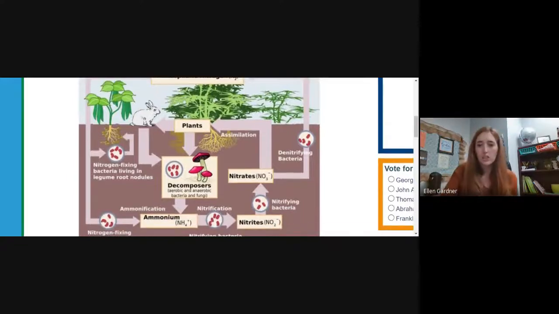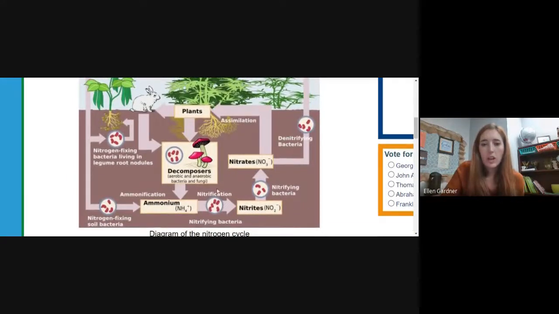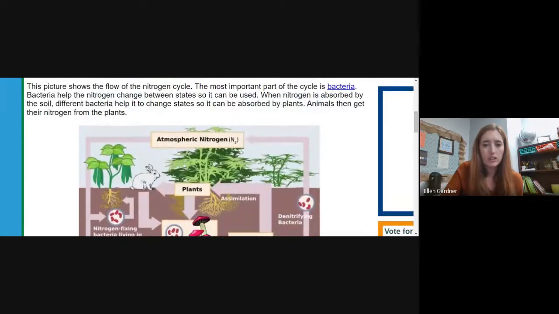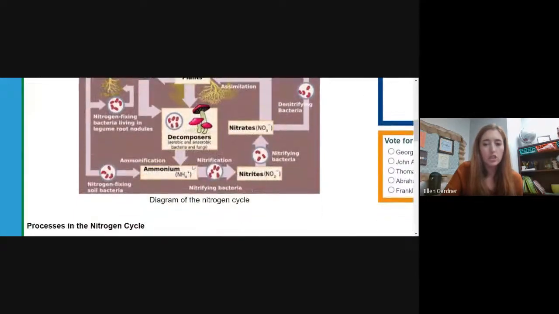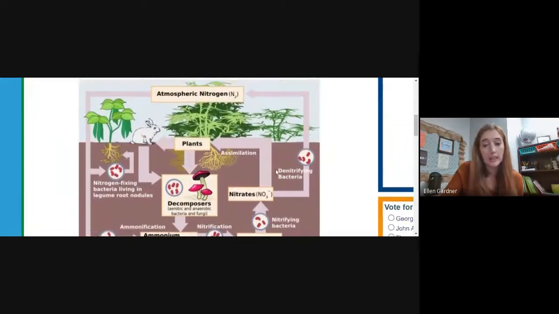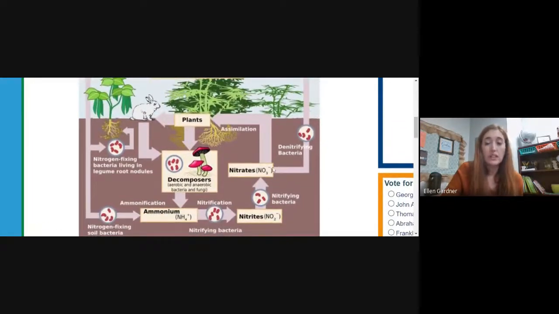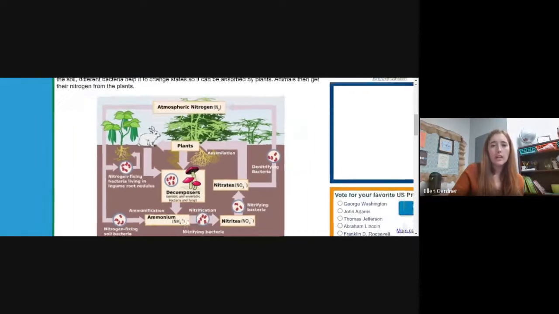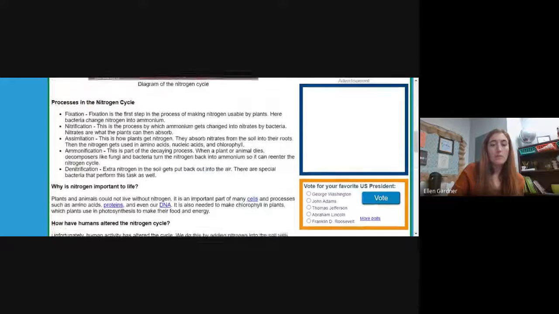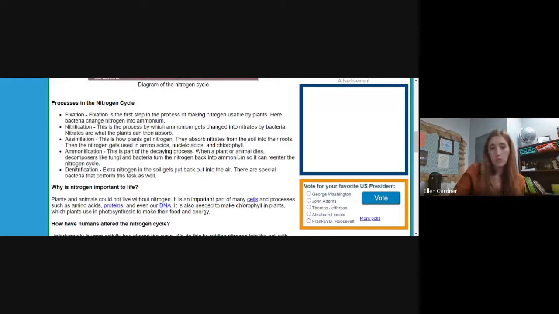You don't need to know all these details, but then it changes form. As you can see, here are the different ways to describe nitrogen depending on its state, depending on if it's nitrate, nitrite, ammonium. So that is going to get into more of the chemistry behind it.